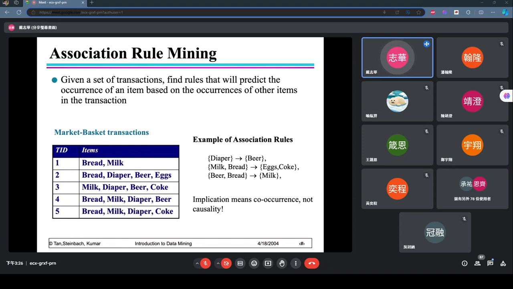However, in that paper, they dealt with this mining task in two major steps. And the first step is pattern mining.